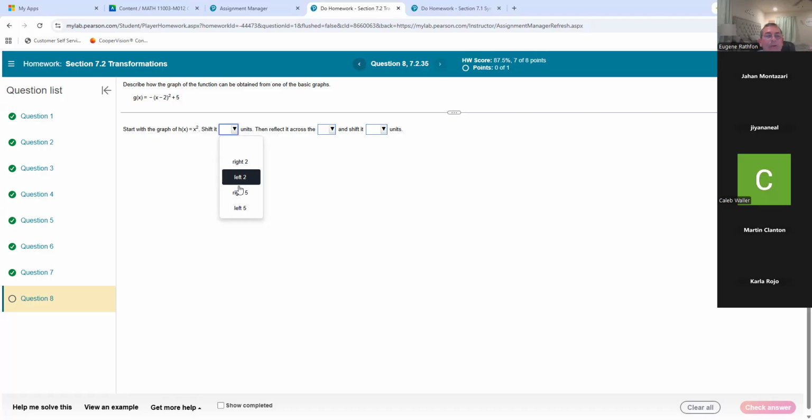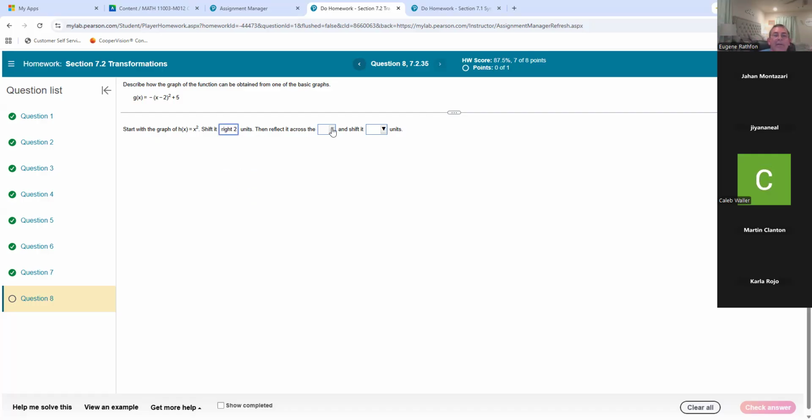So these are all saying left and right for the answers. So to go left or right, it's got to be in parentheses. And the only thing in parentheses is that minus 2. So that minus 2 inside parentheses, is it going to go right 2 or left 2? All right, Darren, you got right, so I'm going to put right 2 there.